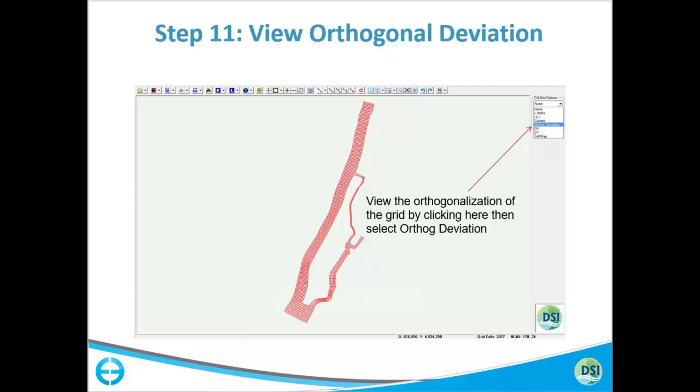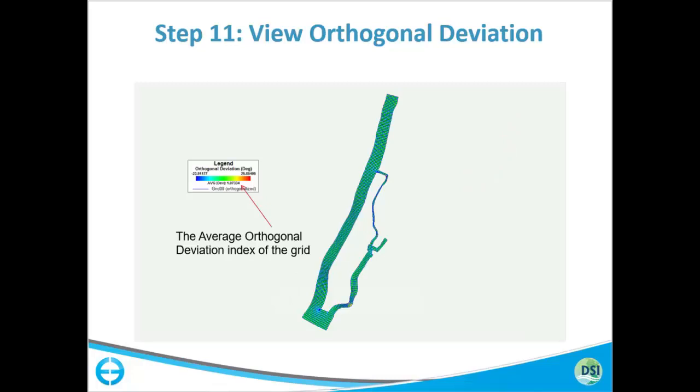With orthogonalization, I'll show you how to view your orthogonal deviation by choosing from the upper menu over here. You can see the orthogonal deviation is around 1 point something, and you could keep refining, but I would just call it good and continue my modeling if I were to do any modeling on this study area.